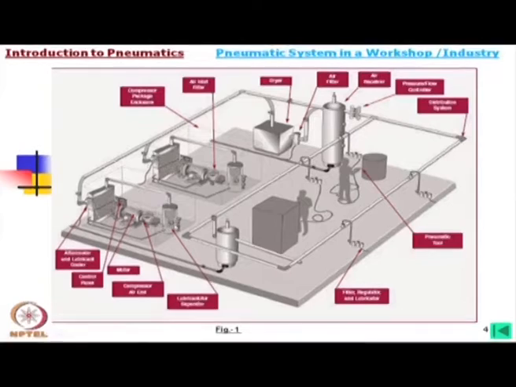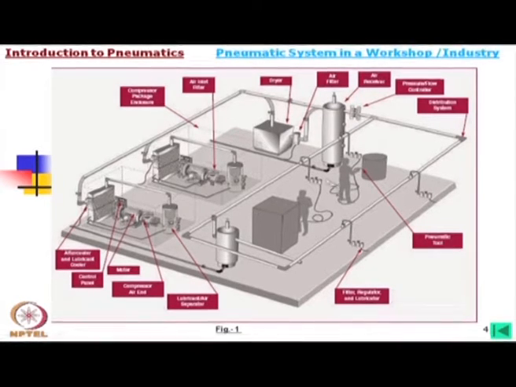And then it is also shown here, say, these are the two work points, but usually there will be many work points. Now, these tools are called pneumatic tools, and here this is the regulator. Filter and lubricator are used at different points.